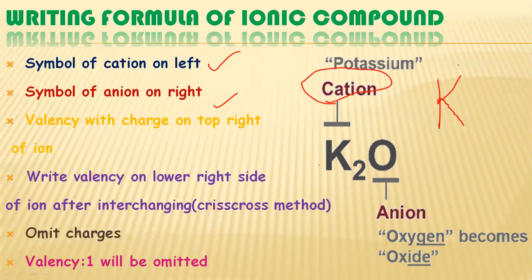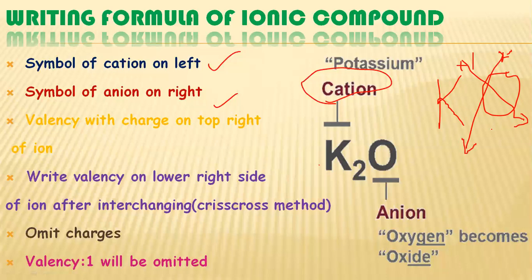Like potassium is having valency +1 and oxygen is having valency -2. We can write at the back also, -2. Now when we write this, we will do the crisscross method, like we do in maths also. That's very interesting.